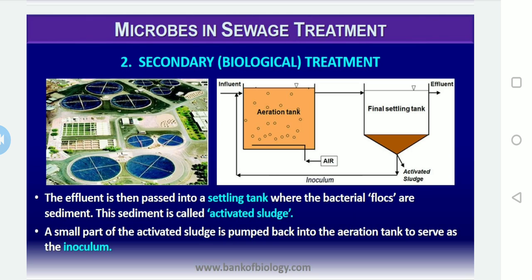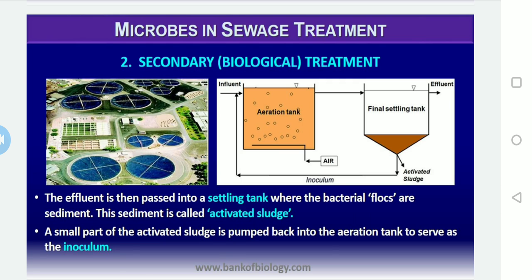This sediment is called activated sludge. Did you get it? One last question they will ask: what is activated sludge? Remember, a small part of the activated sludge is pumped back to the aeration tank to serve as the inoculum. The remaining sludge is pumped into the anaerobic sludge digester.